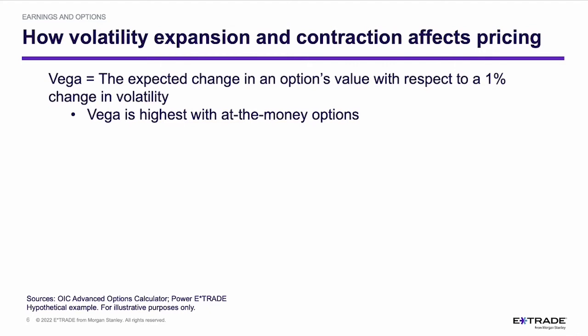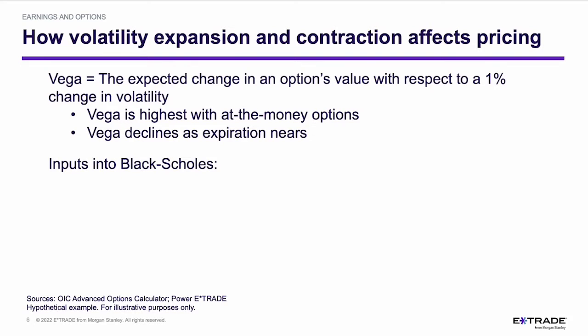Vega is the highest with the at-the-money options, so keep that in mind. At-the-money options are going to be most sensitive to changes in volatility. Vega usually declines as an expiration nears, so as we get closer and closer to expiration, the options become less sensitive to volatility changes. If we're looking at the Black-Scholes model, and I'm going to do a couple of inputs here to explain this, we throw in a $100 stock and a $100 strike price, so that's going to be an at-the-money option.